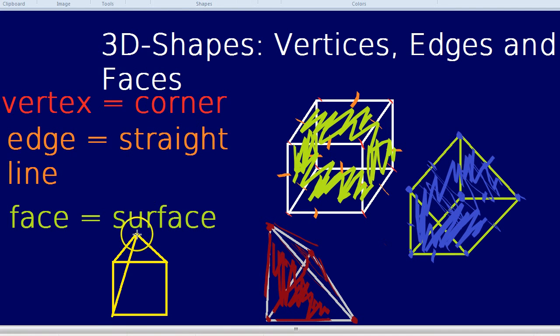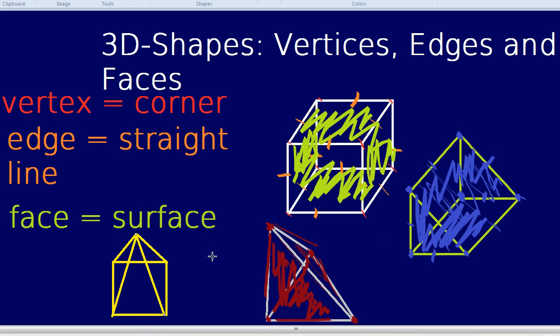It has how many edges? Well, 4 on the base and 4 going up, so 8 edges. How many corners? 4 on the 4 corners of the base and 1 at the top, so that's 5. And how many faces? 1 at the base and 4 along the sides, so 5 faces.